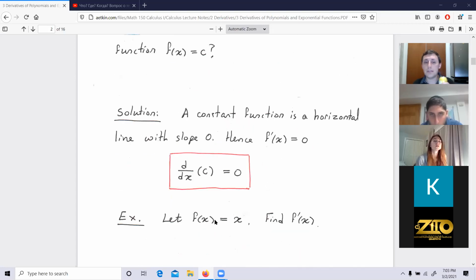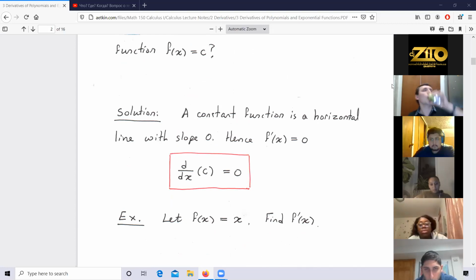Now, another very similar question, guys. If f of x is equal to x, what's the derivative? Oh, Sophia, you already moved to Calc 3, right? That's the derivative in Calc 3 sense.